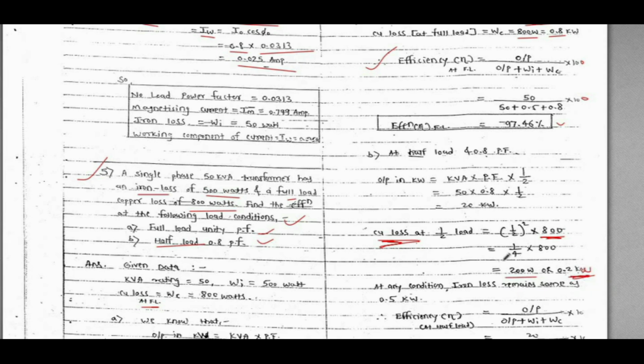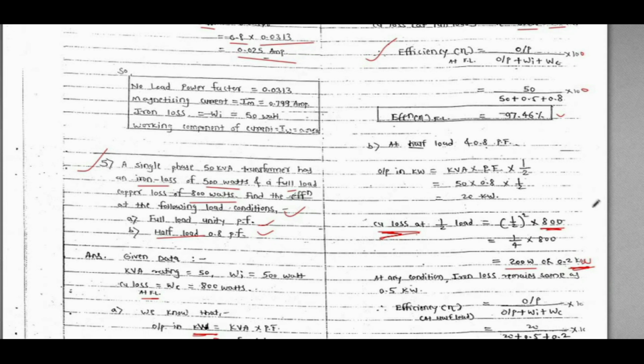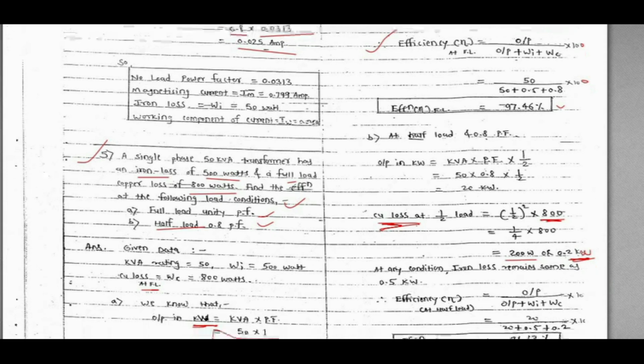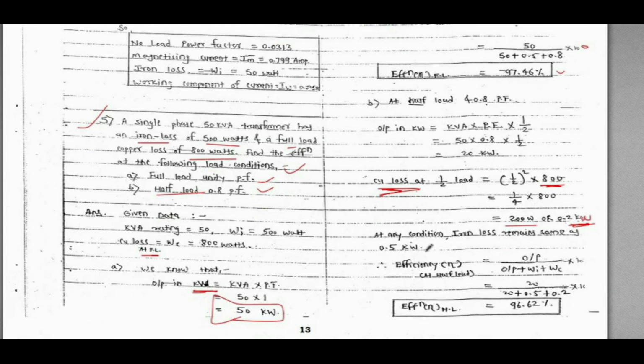First you have to calculate the copper loss. The remaining is the same. Iron loss is the same because this is a constant loss. Then efficiency at half load. Also you have to calculate output in kilowatt. Here for half load, kVA into power factor into load.